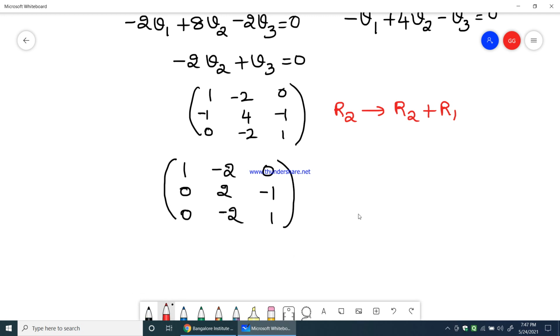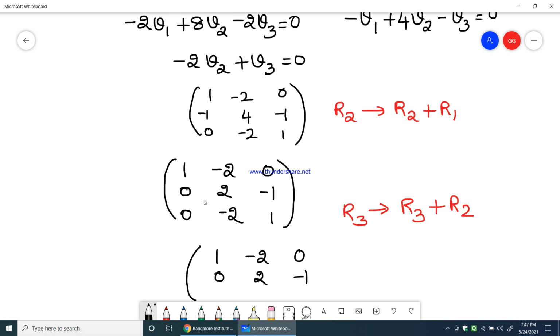Further, I'll take R3 and I'll replace R3 with R3 plus R2, and we'll see what we get. So we get finally 1 minus 2 0, 0 2 minus 1. So I'll add R3 with R2, so I get 0, minus 2 plus 2 is again 0, 1 minus 1, which is again 0.